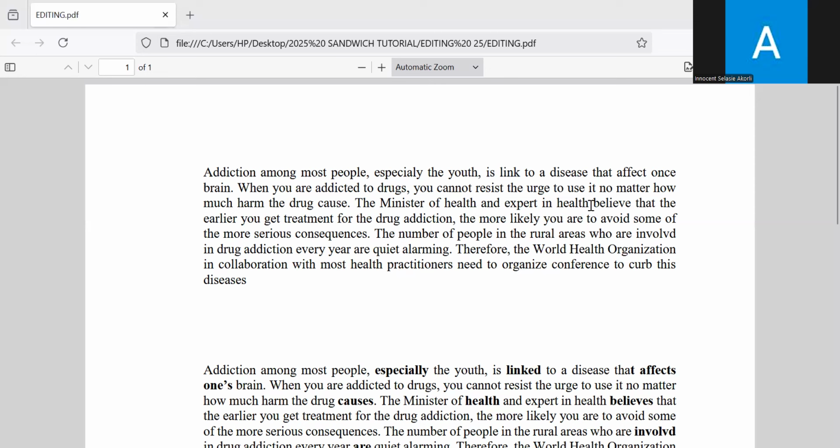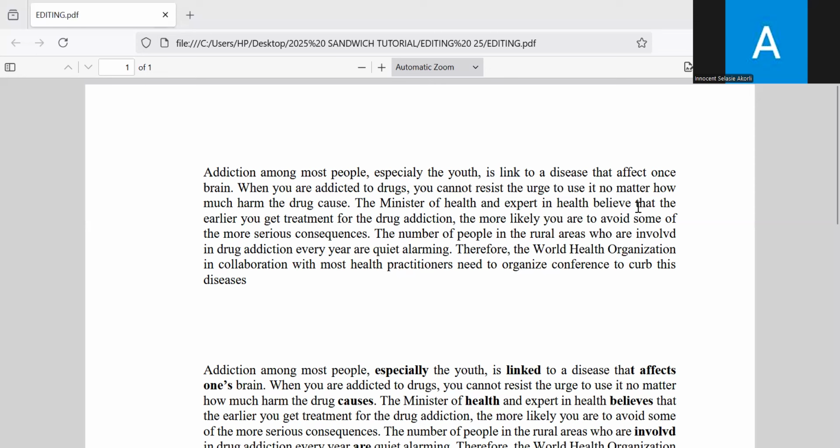The text is not saying the Minister of Health and the expert in health. No. The text indicates that the Minister of Health and expert in health believe. In other words, it's just one person. The text has not indicated that you are dealing with the Minister of Health and the expert in health believe.